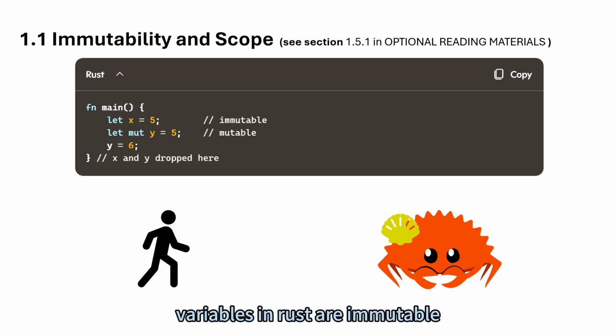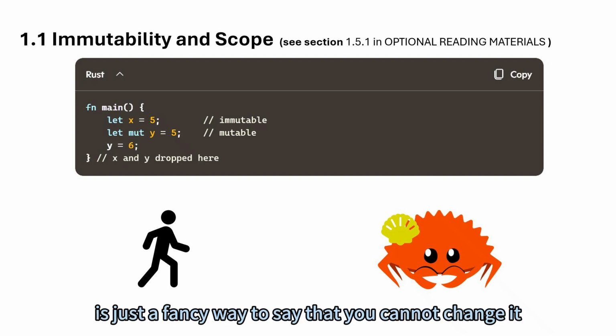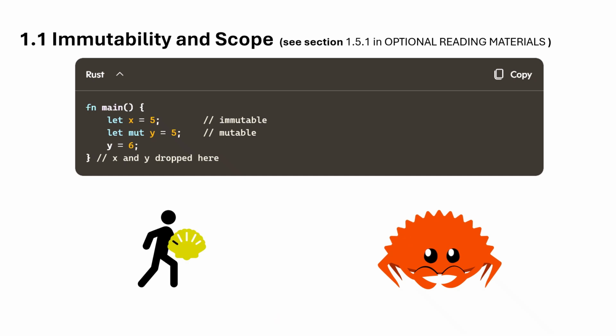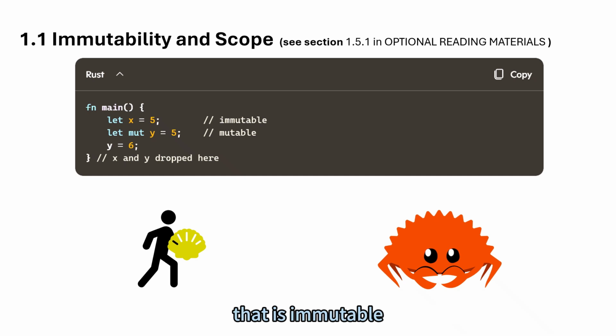Variables in Rust are immutable unless explicitly marked as mut. Immutable is just a fancy way to say that you cannot change it. It helps prevent accidental bugs. When variables go out of the scope, Rust automatically frees them, as you have seen in the previous sections in this video. Imagine you are given a normal shell by Ferris that is immutable.